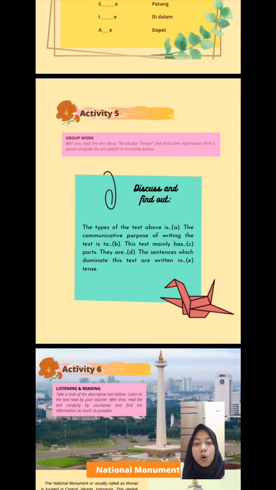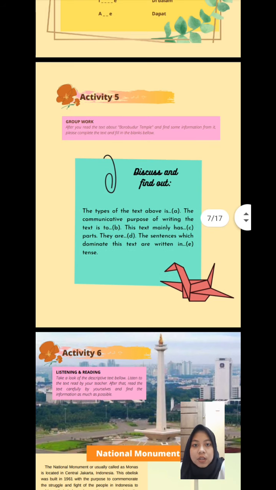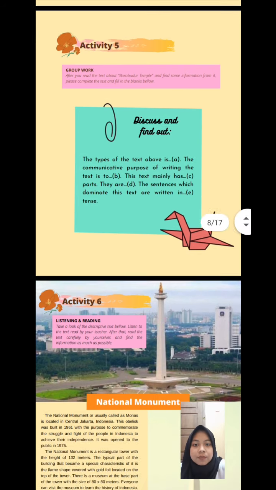It is group work. The students should discuss in a group and answer these questions. It's about what type of text the text above is, what the purpose is, and so on. And that is for meeting 2.